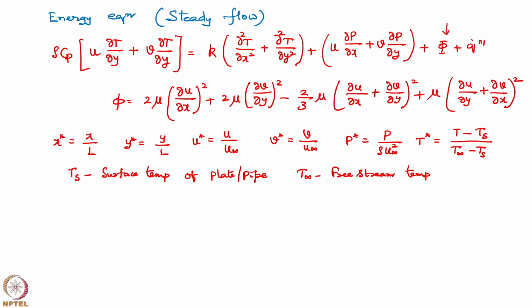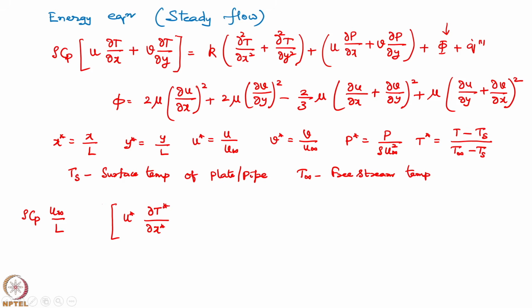So if I substitute this, now what is it that I get? So first let us do for rho Cp. Rho Cp u, if you do, you get u infinity by L, that is, you have u infinity, u star into u infinity, and dou T star by dou x star into L, and now dou T star.